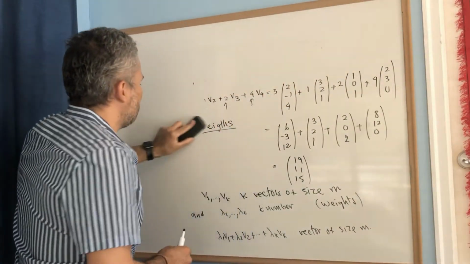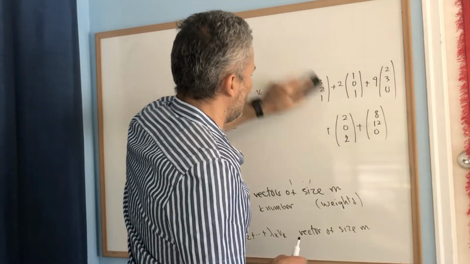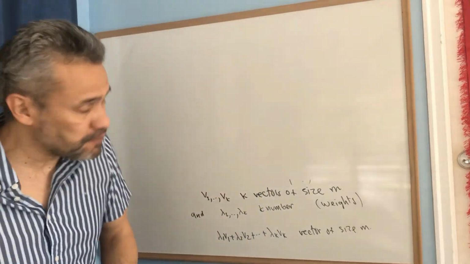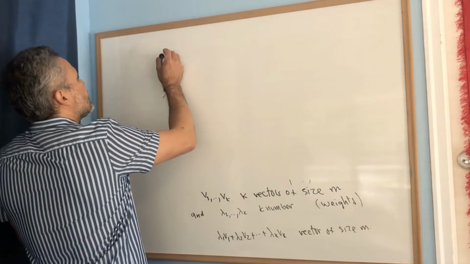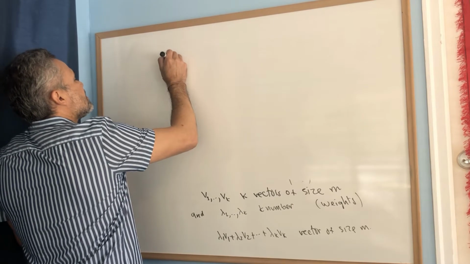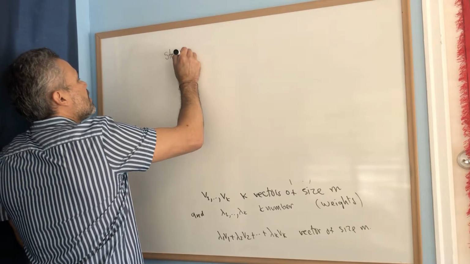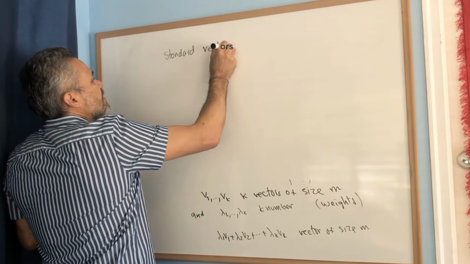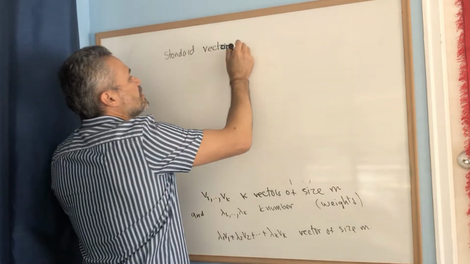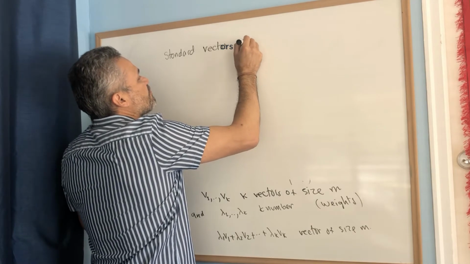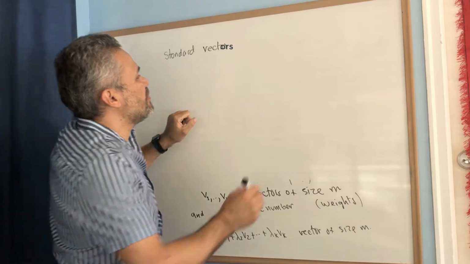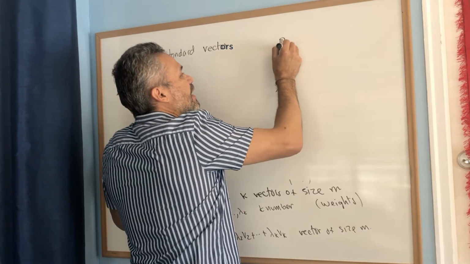Let me explain some notation that we're going to be using. We're going to denote the standard basis, let's call it standard vectors by now, standard vectors for vectors of size n. In general, let me denote Rn.